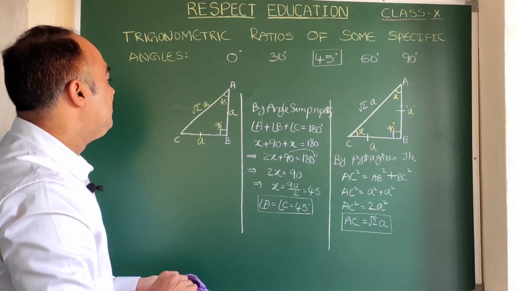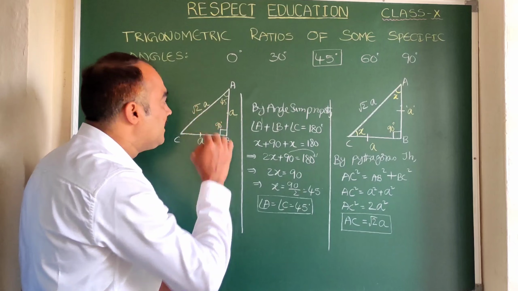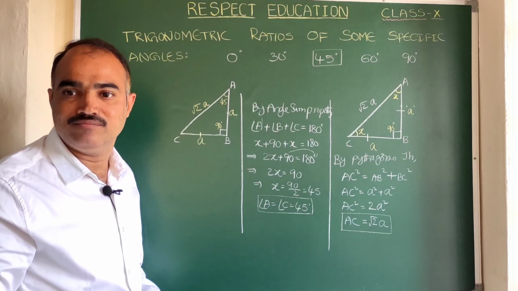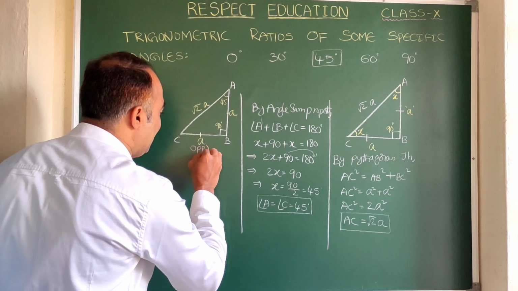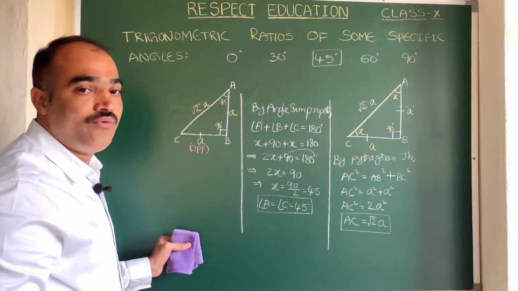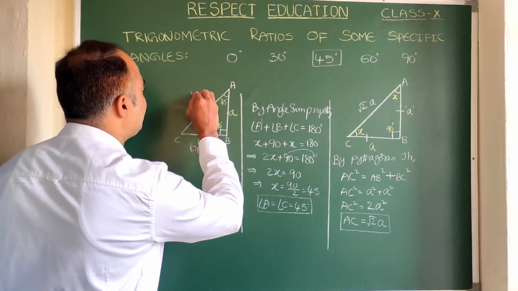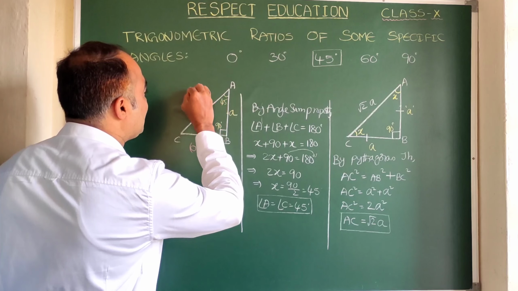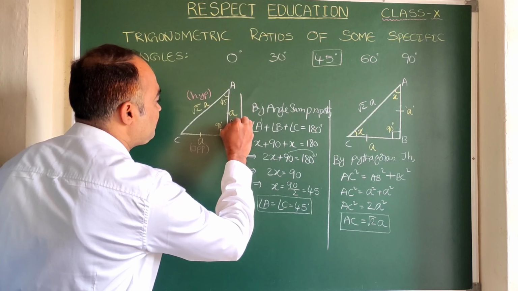For example, if we take angle A as 45 degrees, what is the opposite side for that 45? BC is the opposite side. For that 45, what is the hypotenuse? AC is the hypotenuse. Now clearly we can say which is the adjacent side? AB is the adjacent side.